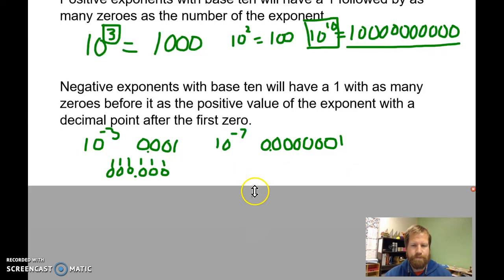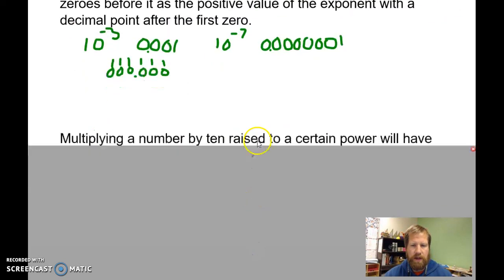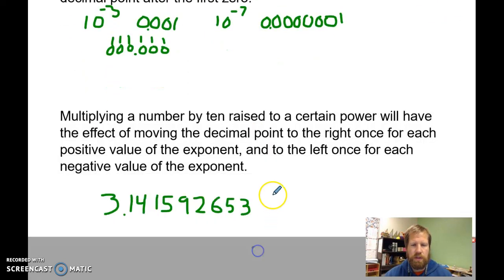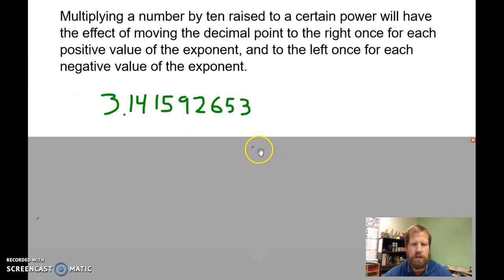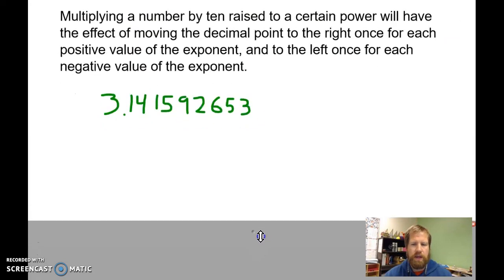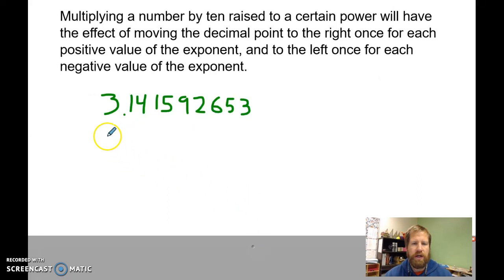Okay, good. Now, how we use these numbers is to change the decimal place in a large number, right? So if we have pi, here's pi out to 10 digits, all right?